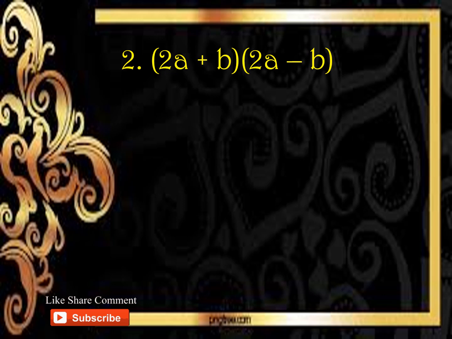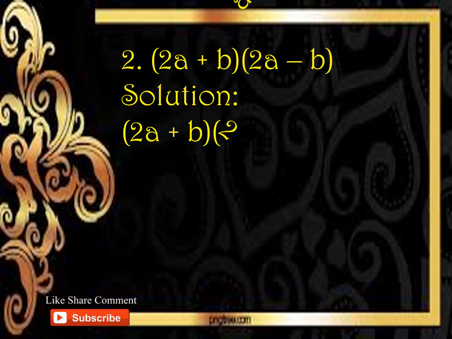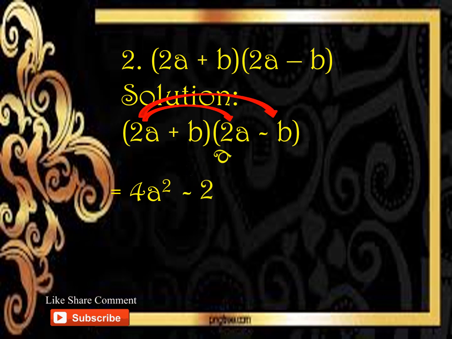Number 2, quantity 2a plus b times quantity 2a minus b. So solution. Let's multiply the two binomials using the distributive property. 2a times 2a is equal to 4a squared. 2a times negative b is equal to negative 2ab. 2a times b is equal to positive 2ab.